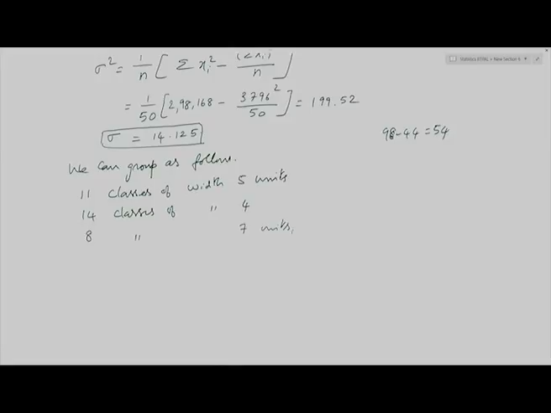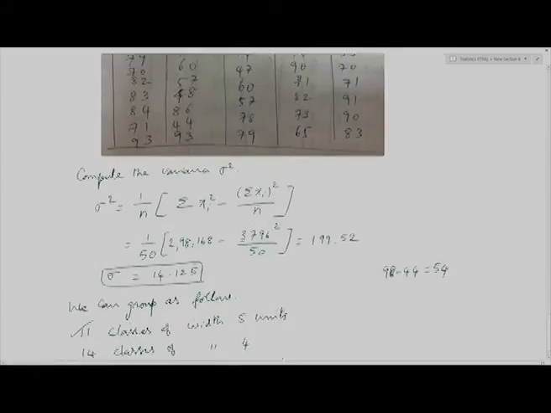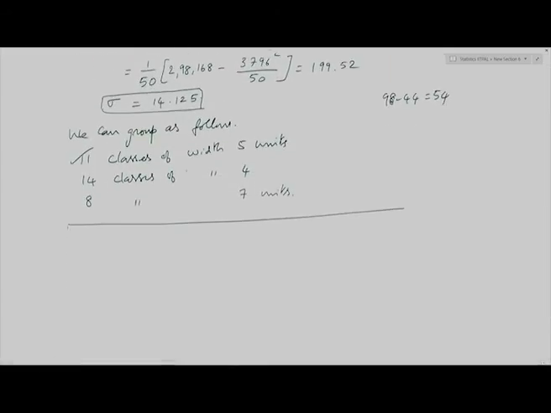Let us choose the first one, and form 11 classes with 5 units. Let us now form the table for the given data. You can trust me, the data I am entering is correct.